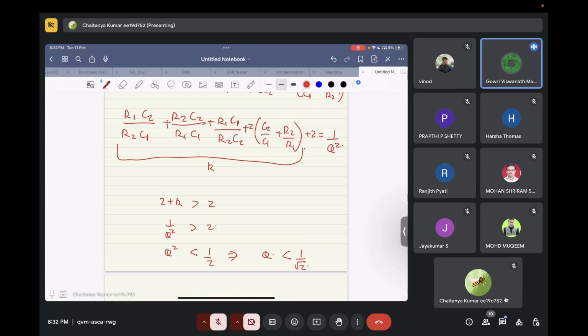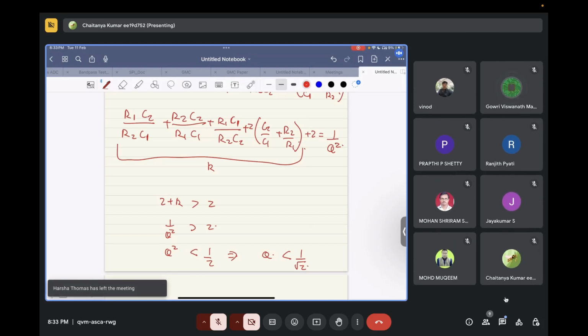But what if you want a quality factor greater than 1 by square root 2? What will you do then? Basically, any passive circuit consisting of only resistors and capacitors can never give you a quality factor greater than 1 by square root 2.